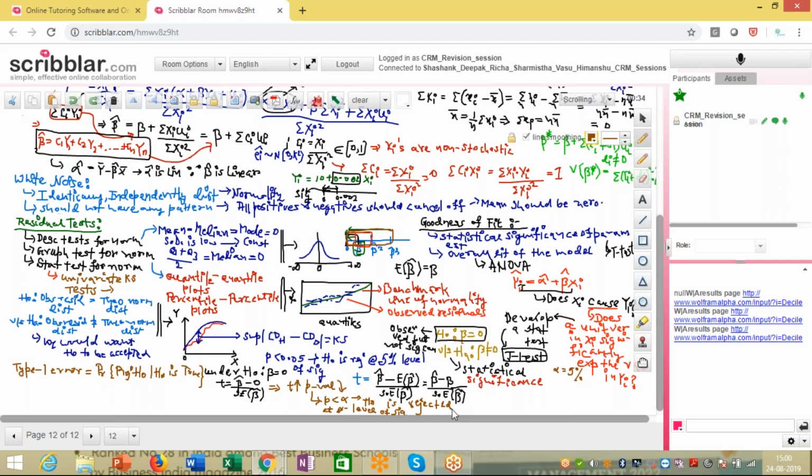We can say that yes, we can accept the alternate hypothesis. So whether you are accepting or rejecting a null hypothesis depends on the actual probability of committing the type 1 error relative to the benchmark level, right?